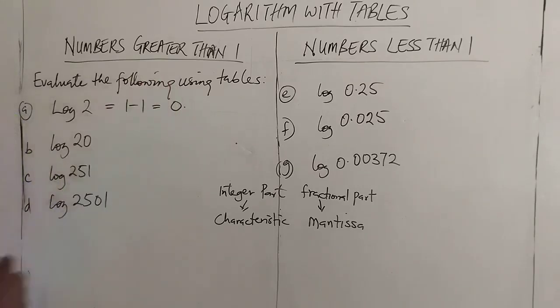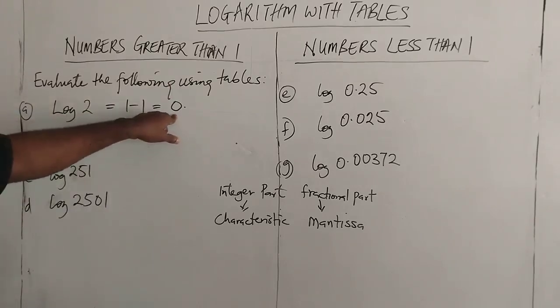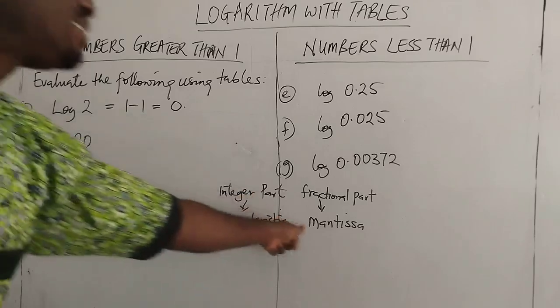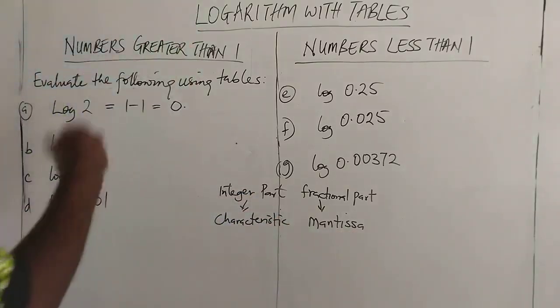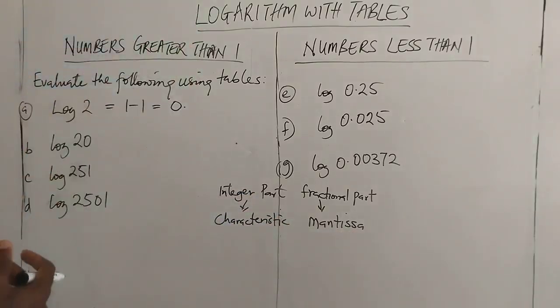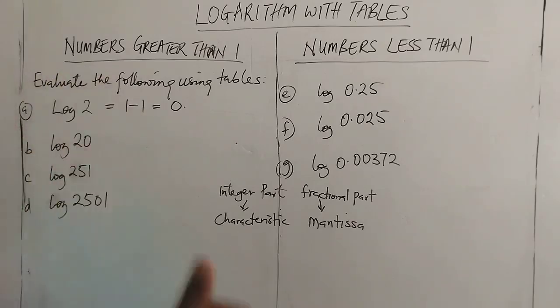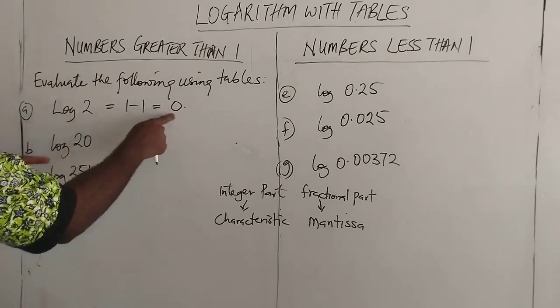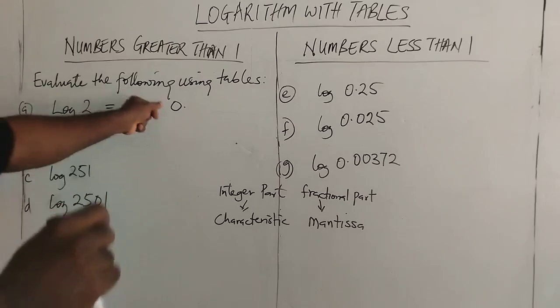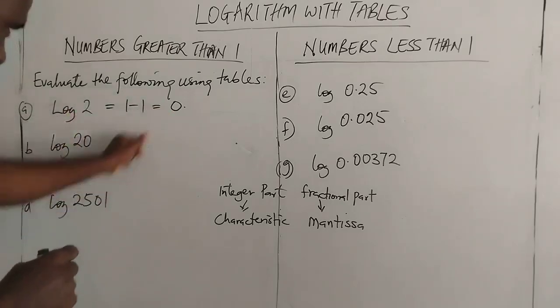The characteristic of this number is 0. Then for the mantissa part, you use the four-figure table or the statistical table to get the value. Before I go to the statistical table, I want to run down this characteristic, because getting the characteristic part of each and every one of them is very important.